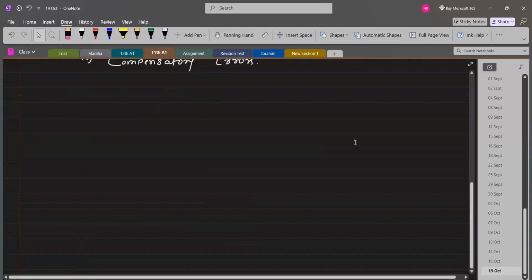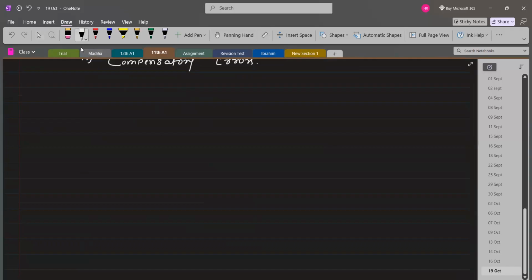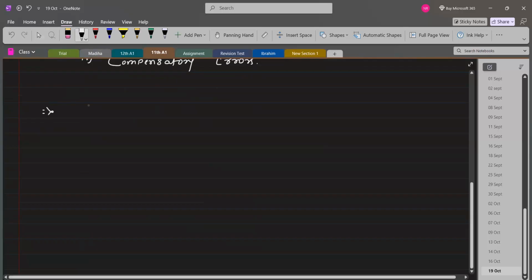Whenever there is any transaction, if you remember the accounting process, transactions are identified as financial in nature and then recorded in the books.